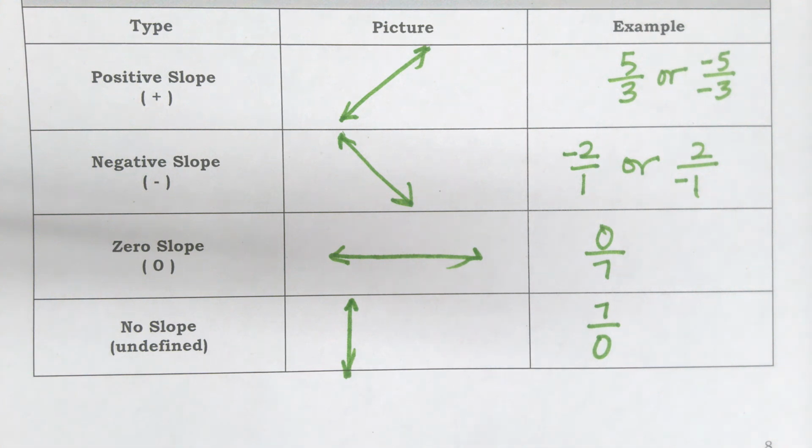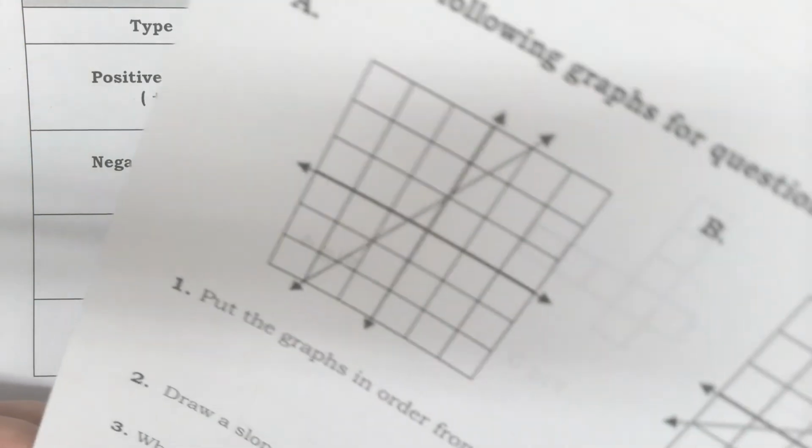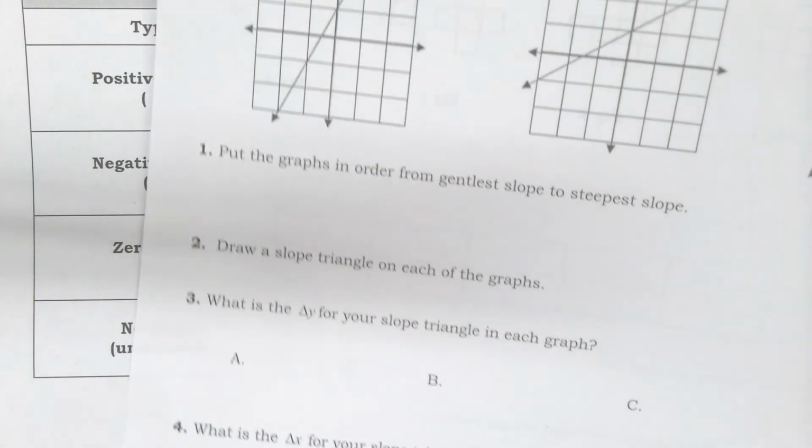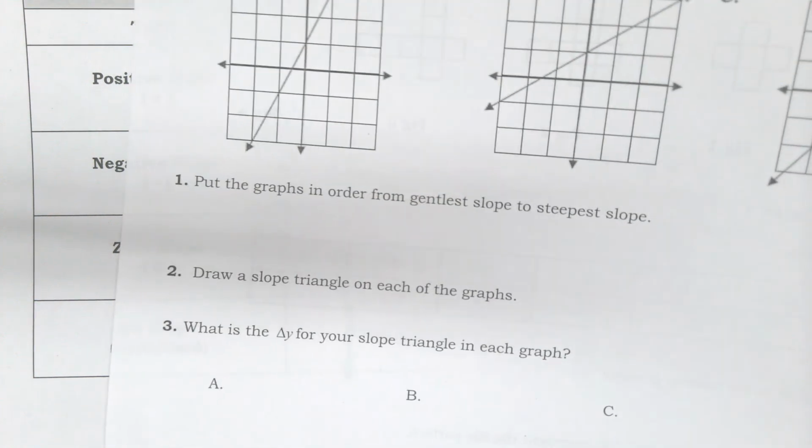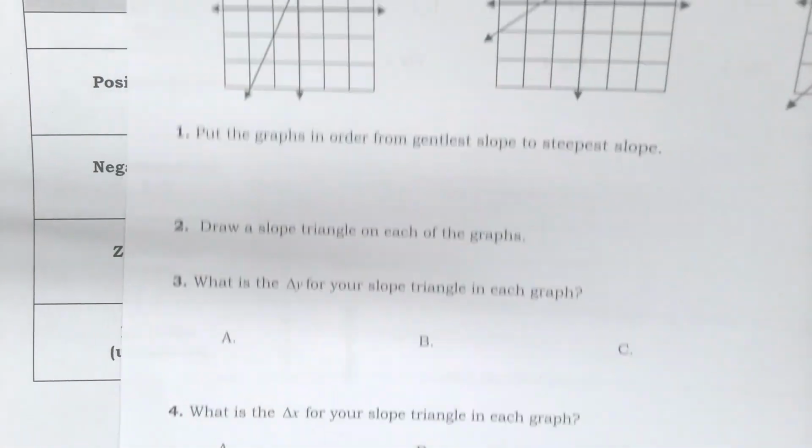So your job is to do the next section in your homework packet. And I'm just pulling out a copy of that so we can take a look at it. You have 2.2, and there are a lot of problems in there.